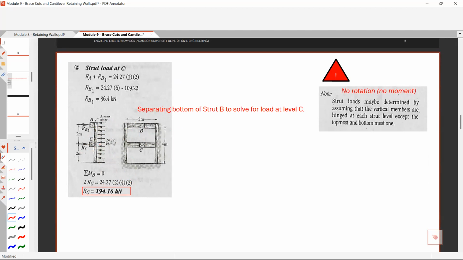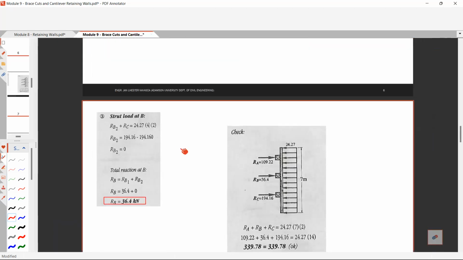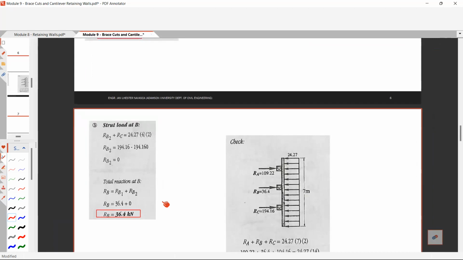So ito yung centroidal distance, dito yung nag-act yung center natin to RB, which is 2. So that is why you have this RC to be 194.16 kilonewtons.